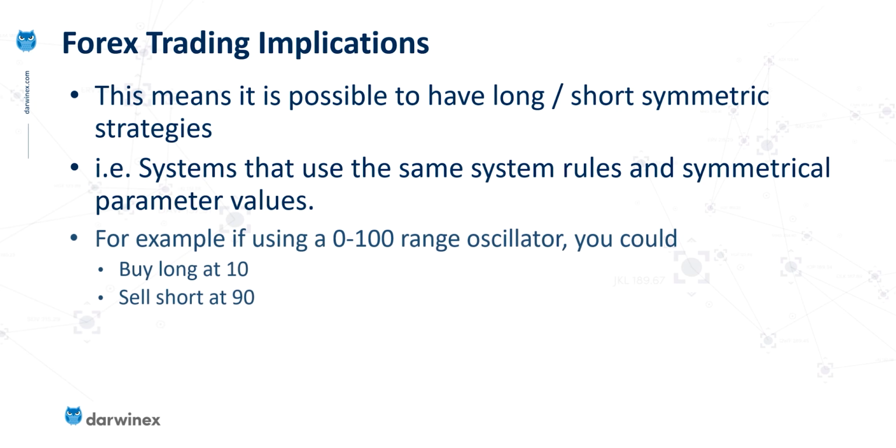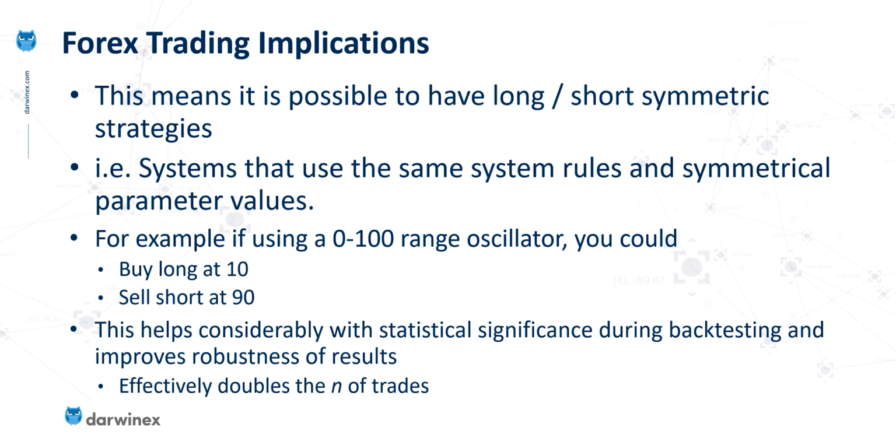As a very simple example, let's say you're using an indicator which is an oscillator which ranges from values of 0 up to 100. If you were using this indicator to tell you when the price was oversold or overbought, then you could have a symmetric rule which said you'd buy when the value was 10 and you'd sell short when the value was 90. There'd be nothing wrong with this approach whatsoever.